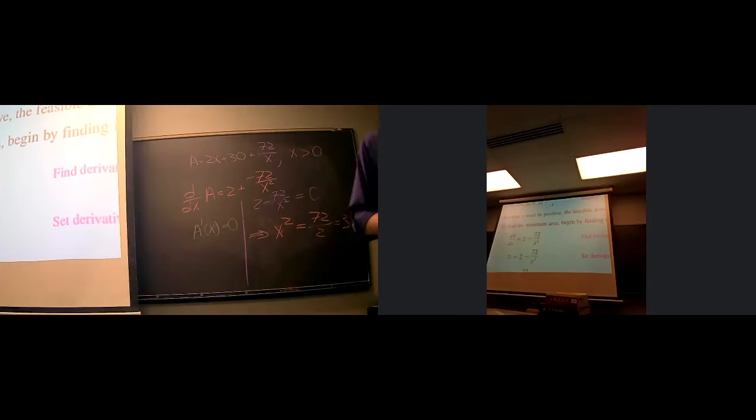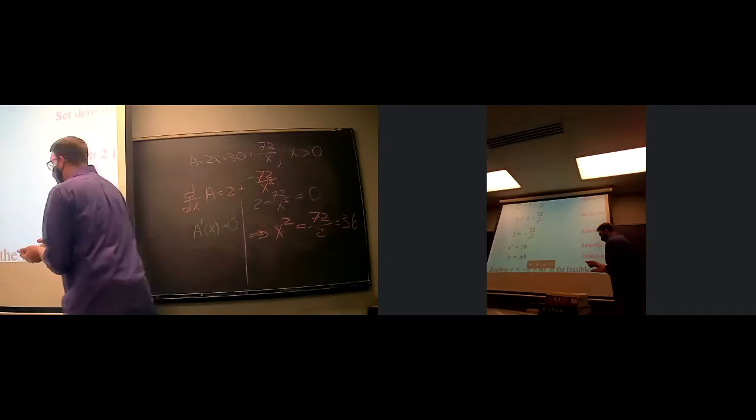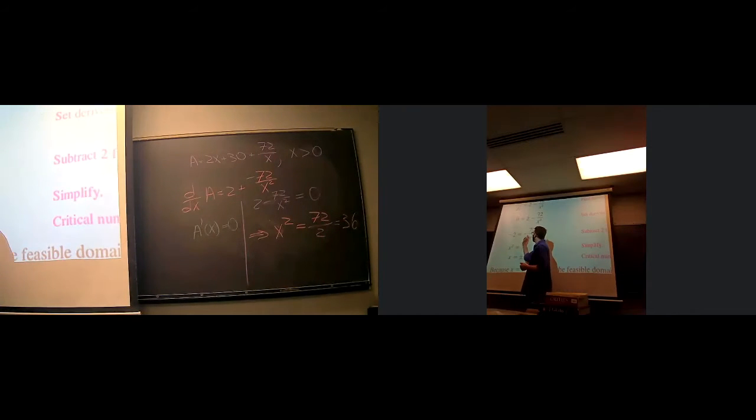Right? So this tells us that x is equal to plus or minus 6, right? All I've done here is subtract 2 from both sides, multiplied both sides by x squared, and then divided out that negative 2.